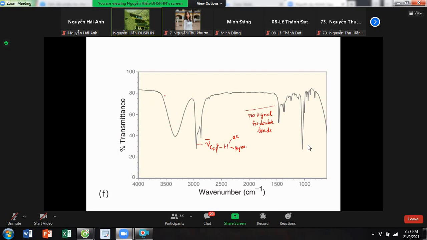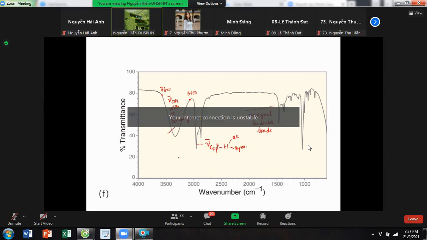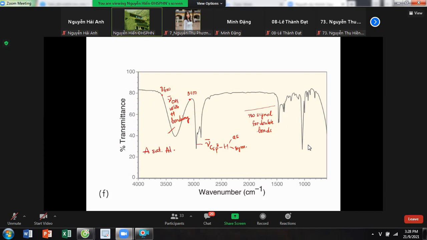And you see a broad, not as broad as the OH of carboxylic acid, from 3,600 to around 3,200. So this is a saturated alcohol.